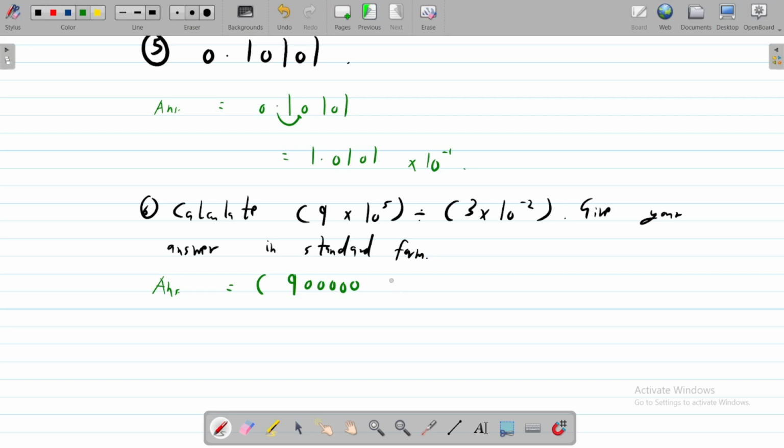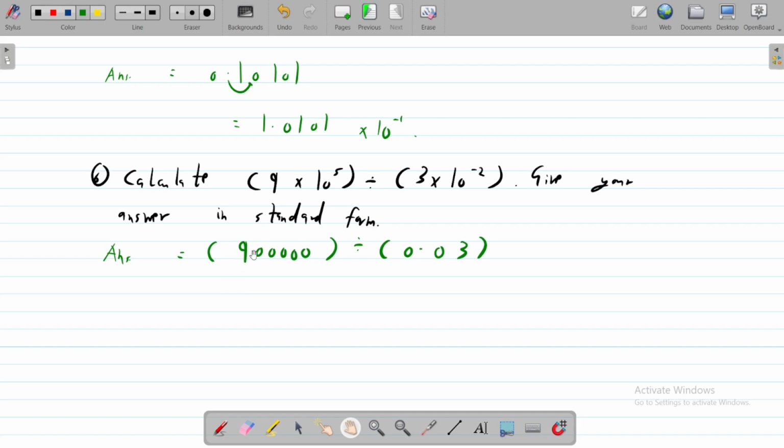Yeah. Okay. Then divided by 3 times 10 power negative 2. So again, you're going to have it like 0.03. Yeah, 0.03. Now that's one way. Some might do, okay, I'm going to take this as 900,000 and that as 0.03. But there's an easier way to do this.